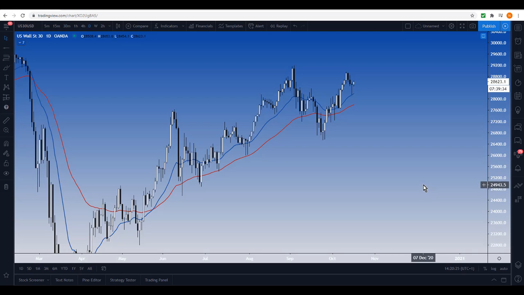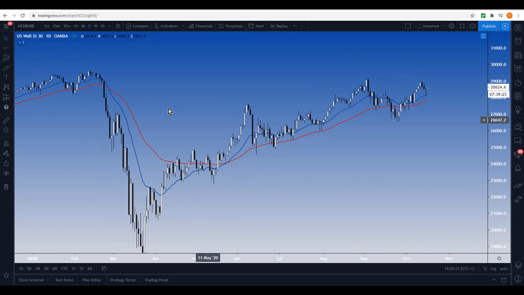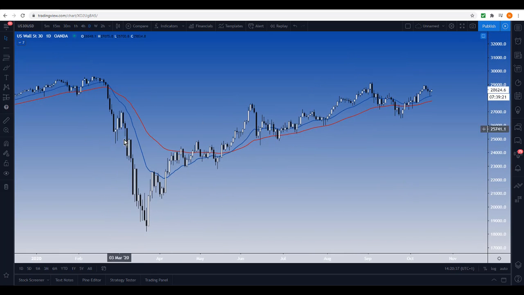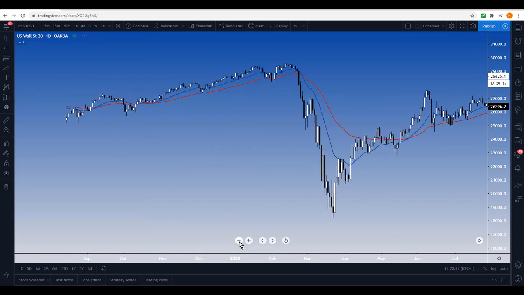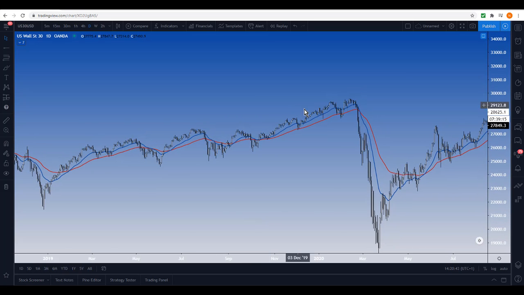Even if there was a sell setup, I would not sell an index, because as a rule, yeah, we got this here, which was during the COVID outbreak, and a lot of stuff just dropped really suddenly. But as a rule, indices go up on average.